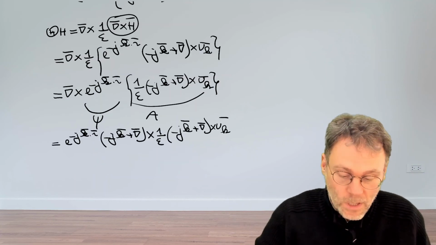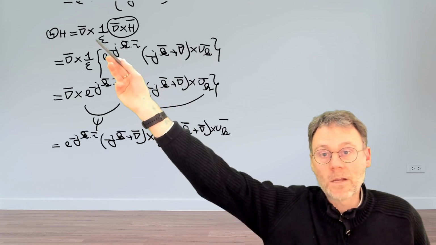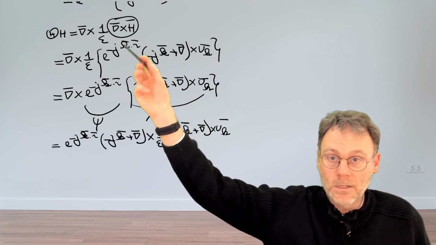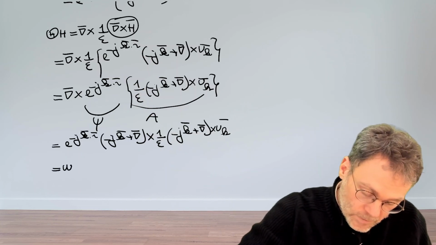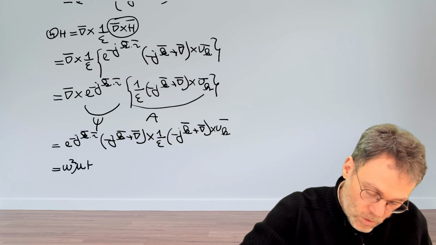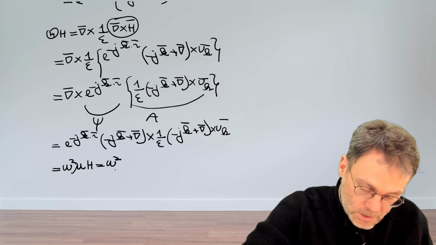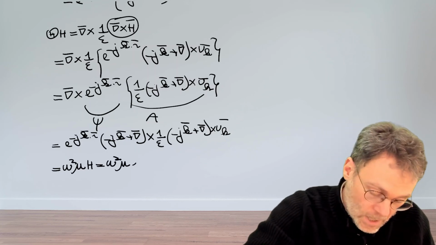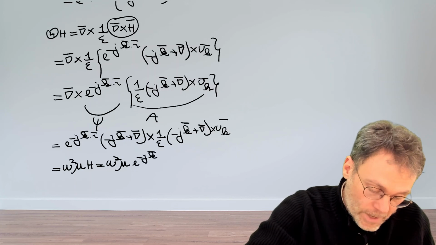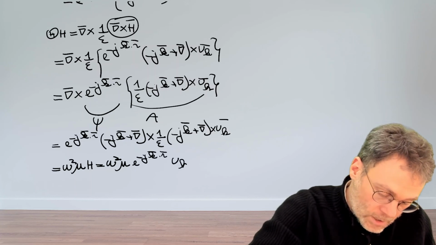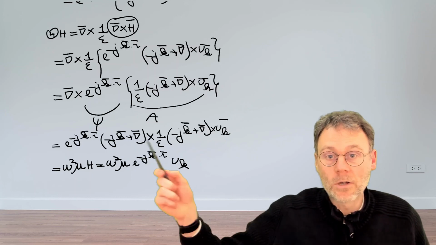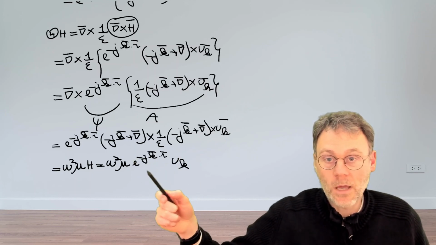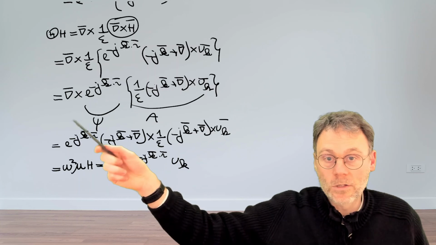The only thing we need to realize is that since this was an eigenvalue problem, the theta operator operating upon H gives us omega squared mu of H. And in our case, H is actually given by exponential minus jkr uk. And here we have the final result, because we have this exponential minus jk over here, we also have it over there.